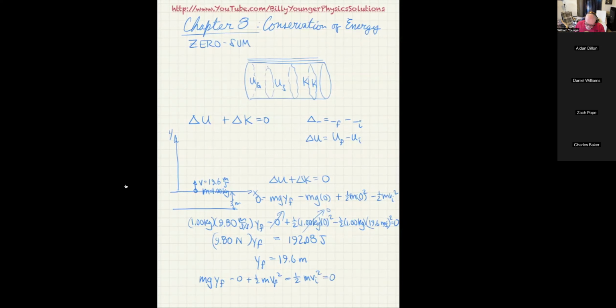All that's equal to 0. What you see immediately is that there's a common factor of mass that can be canceled out all the way through. Now, let's say we want to solve for v final. Watch what happens. What you end up getting is v final squared is equal to v initial squared plus 2 times g times y final.